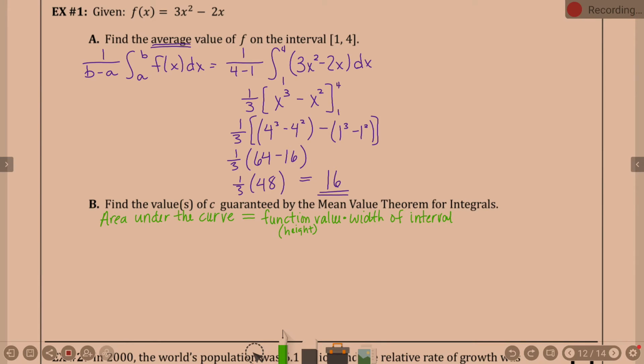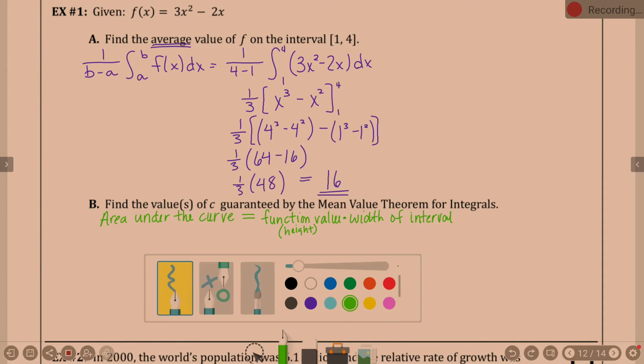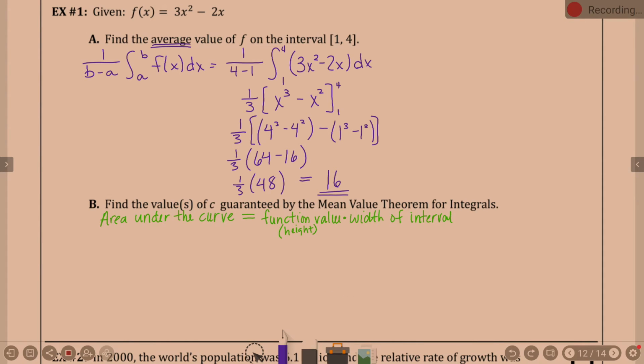So, what represents area under the curve? The antiderivative, the integral. So the area under the curve is going to be the integral from, what's our interval here, 1 to 4 of 3x squared minus 2x dx.